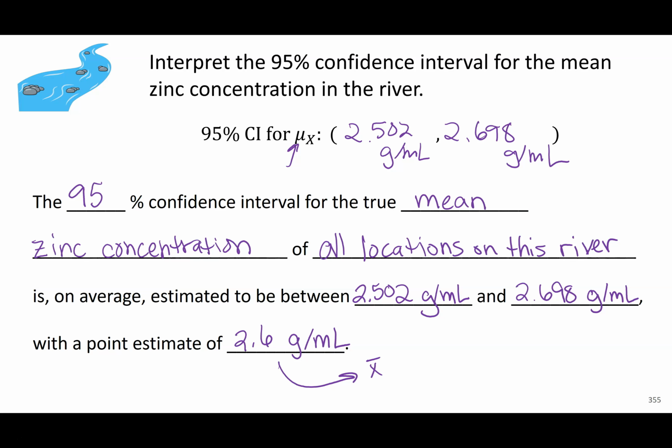Later on, this would be our two-part write-up for a confidence interval: this is one part and this is the other part. As long as you include all of those things, it really doesn't matter the order, although it should be a coherent sentence. You really do want it to be readable.